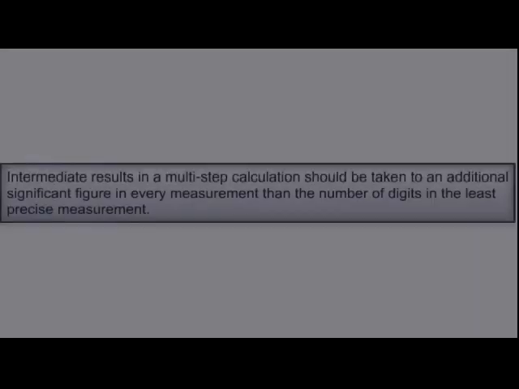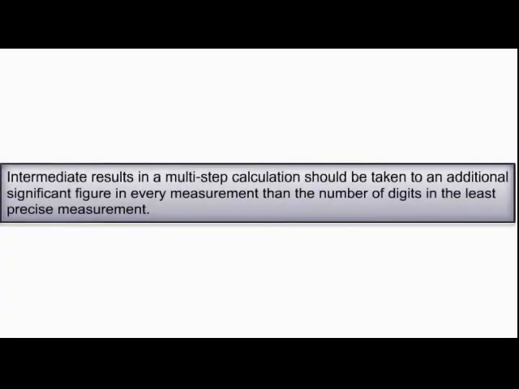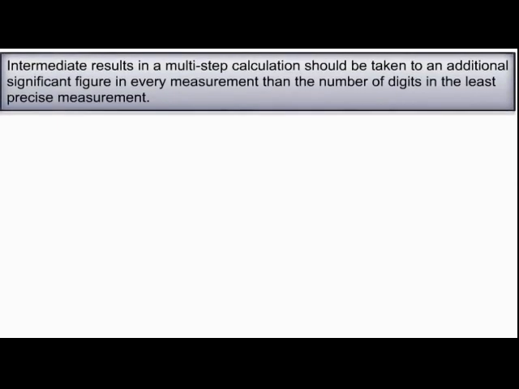Another important point to remember with significant figures is that intermediate results in a multi-step calculation should be taken to an additional significant figure in every measurement than the number of digits in the least precise measurement. Consider a number, say 6.55.